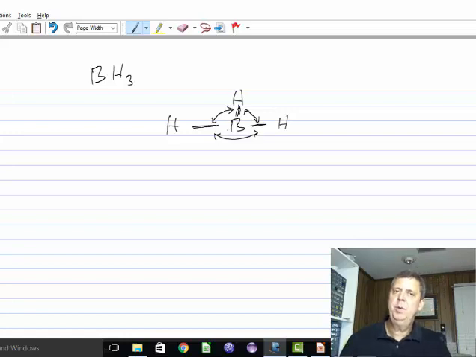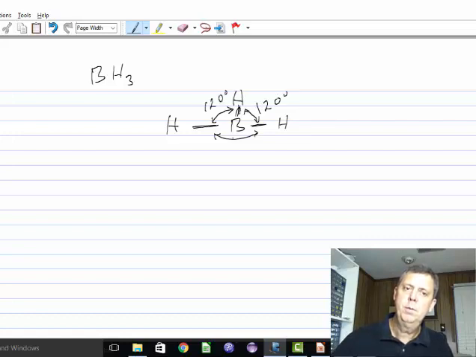That doesn't make sense, so we would expect them to be nice and symmetric. You might guess to make all these as symmetric as possible, take 360 divided by 3. Then these angles really should be 120 degrees, even though that's not the way it's drawn. So we would draw this more accurately like this.